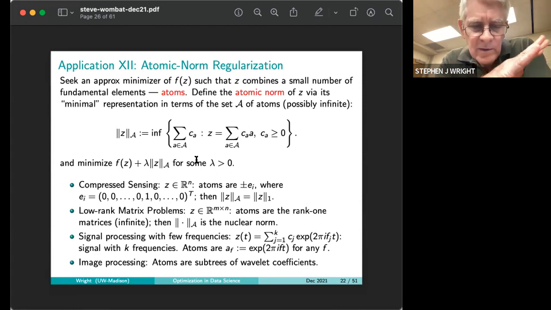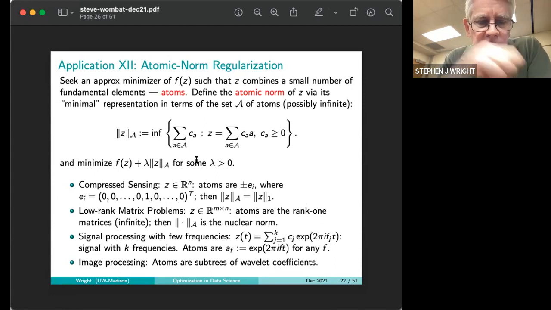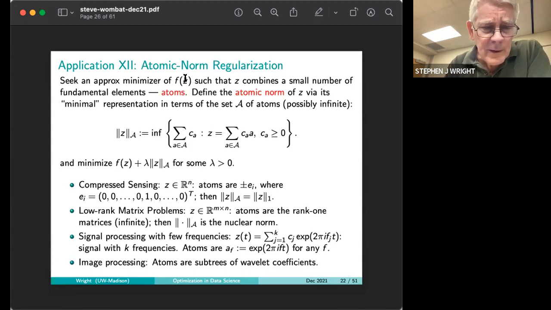Basically, they said, look, there's an awful lot of problems here with a common structure. And the structure is that I'm trying to minimize some function, but the objective or the unknown vector that I'm trying to identify by doing that minimization is a combination of a small number of fundamental atoms, fundamental objects from some set A.